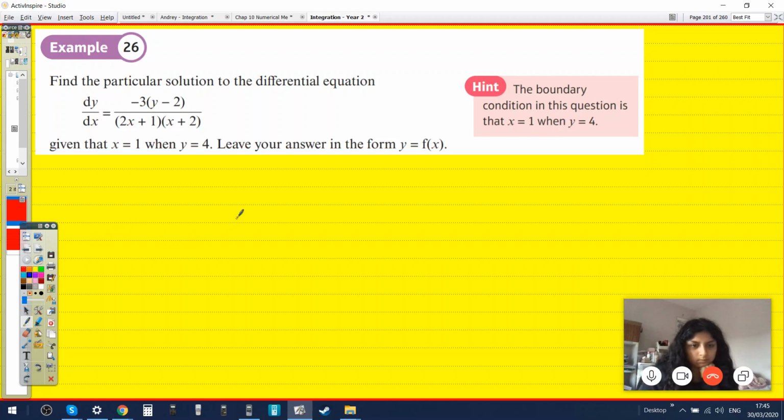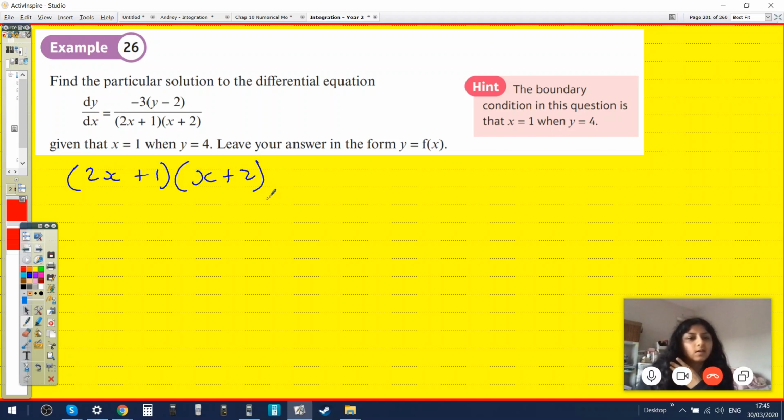Okay, how about this? So you just have to multiply both sides by dx, so then you have... Oh wait, no. You have to rearrange as well. So you could take the 2x plus 1 and x plus 2 to the other side. So, like, multiply by them, basically.